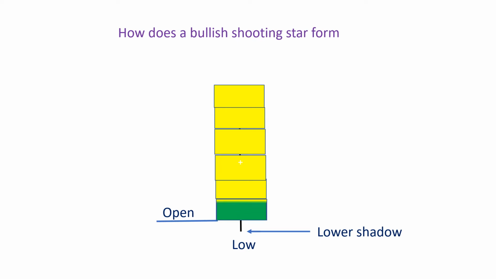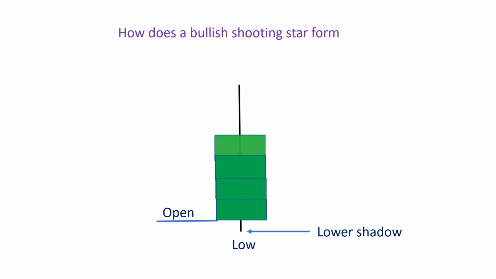The buyers continue pushing the price higher and higher all the way till here, and then this high price got rejected by the presence of strong sellers in the market, and the sellers pushed the price lower and lower all the way till here.